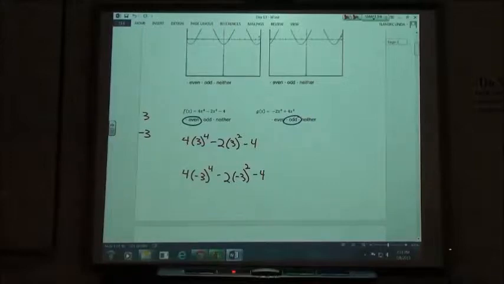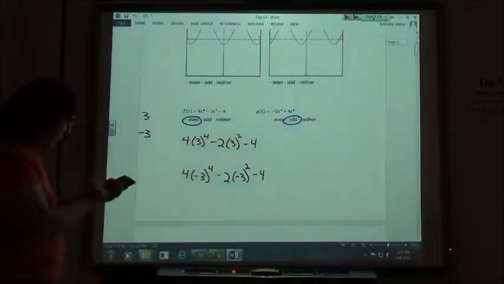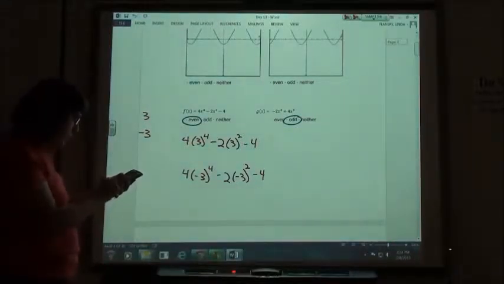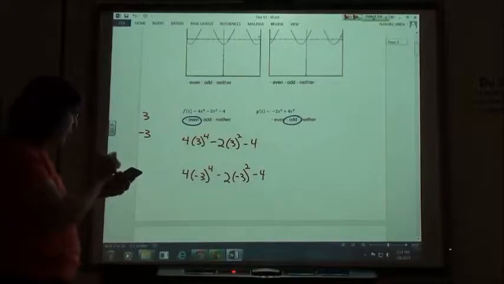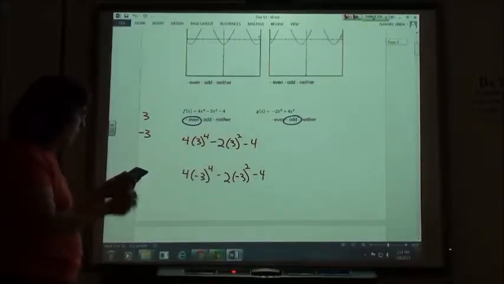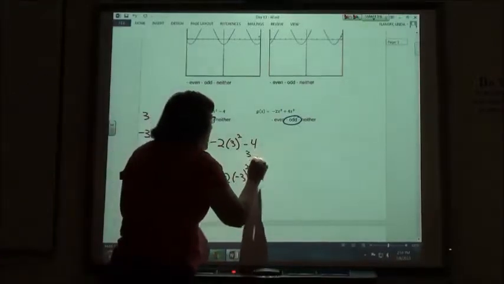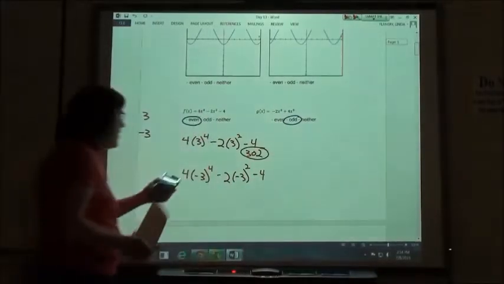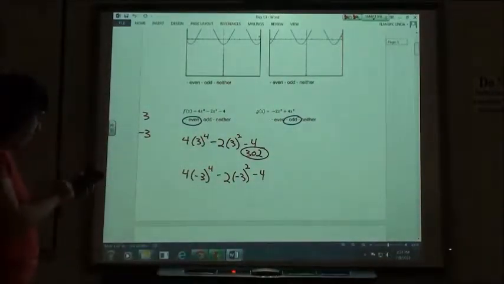So if I do that, now I'm just going to use my calculator. 4 parentheses 3, close my parentheses, to the 4th power minus 2 parentheses 3 parentheses squared minus 4 equals. I get 302. If I do the bottom one, 4 parentheses -3 parentheses to the 4th minus 2 parentheses -3 parentheses squared minus 4.